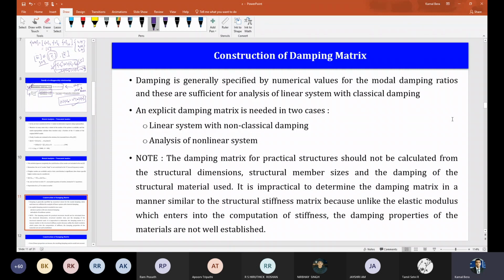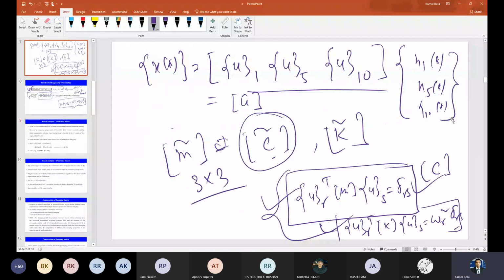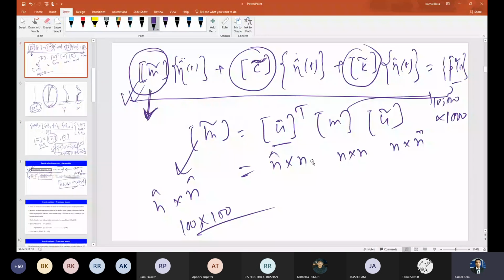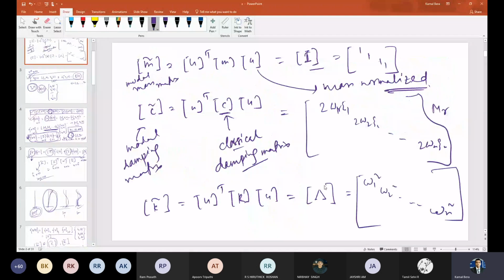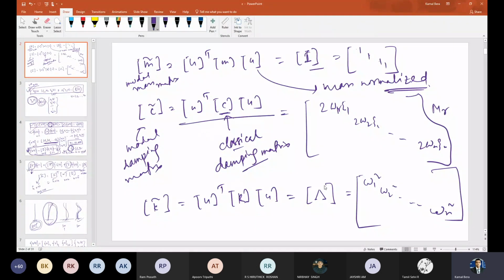What is the modal damping ratio? That is zeta_r, which we talked about, when U transpose C U is diagonal. So here C is the modal damping matrix and it is diagonal. We express the damping in terms of zeta 1, zeta 2, up to zeta n: zeta 1 is the first mode modal damping ratio, then the second mode, up to the nth mode, right?